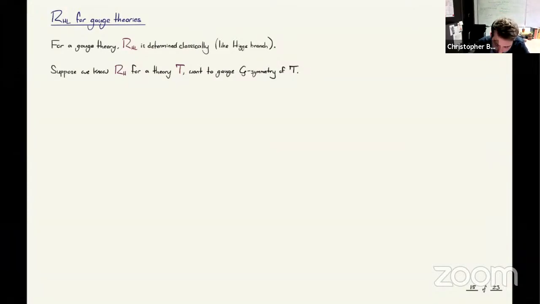So I want to imagine that I start out with a theory for which I know, oh, sorry, this should say, for which I know the Hall-Littlewood chiral ring. And I want to gauge a G symmetry, and I'm going to assume it's one of these symmetries that I can gauge in a way that's consistent with conformal invariance.